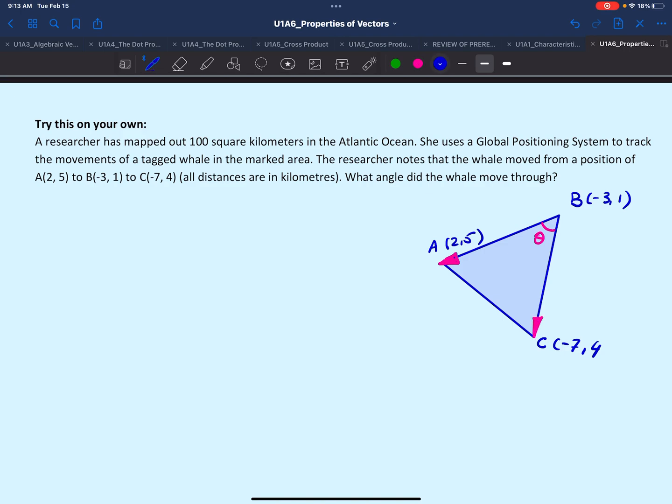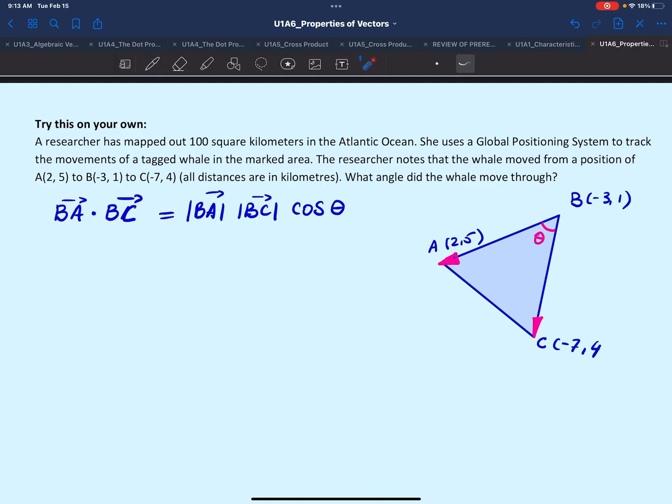So we're looking at the dot product of BA and BC, which equals the magnitude of BA times the magnitude of BC, multiplied by the cosine of theta, which is the angle in between.